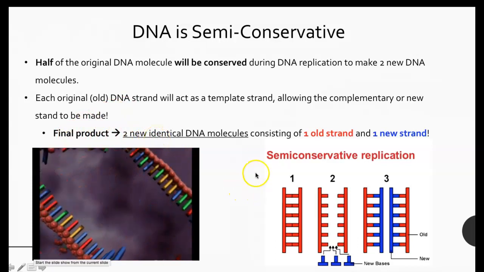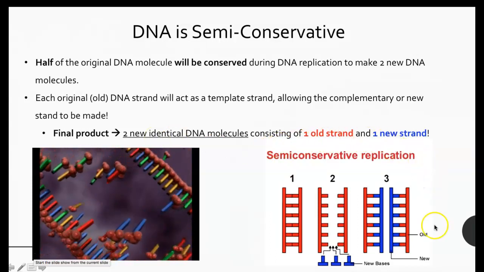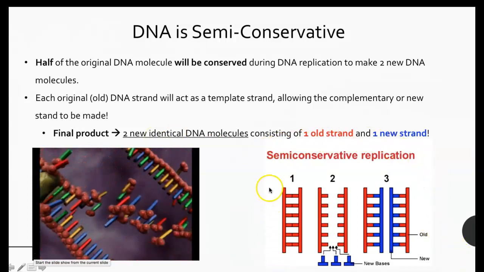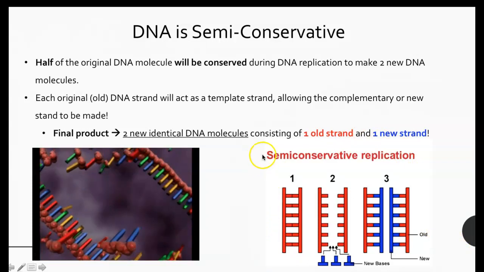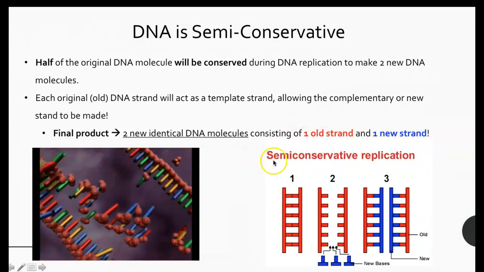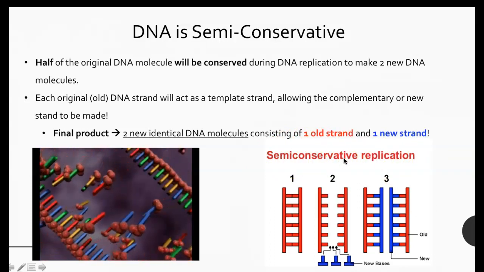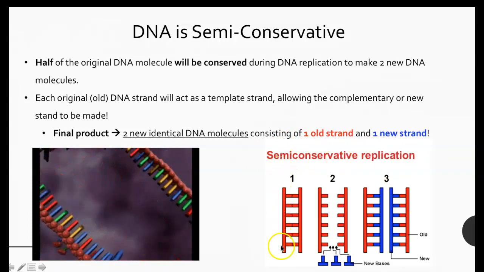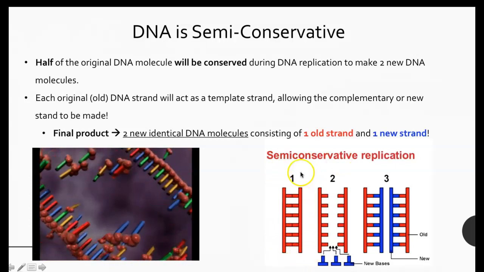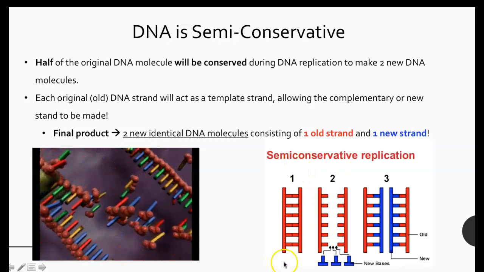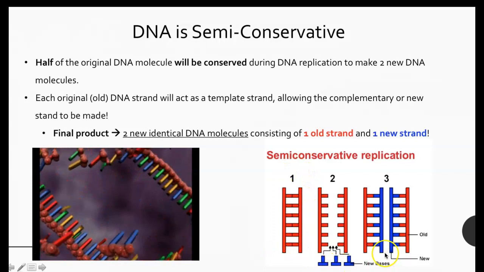Now we're going to use this diagram to explain what we just talked about. This diagram to the right that I'm circling is the semi-conservative DNA replication process in three simple steps. In the first step, we have our original DNA molecule that needs to be split in order to make two new DNA molecules.